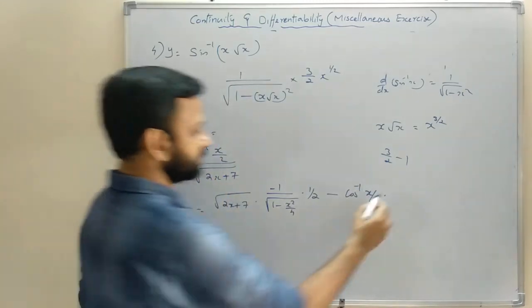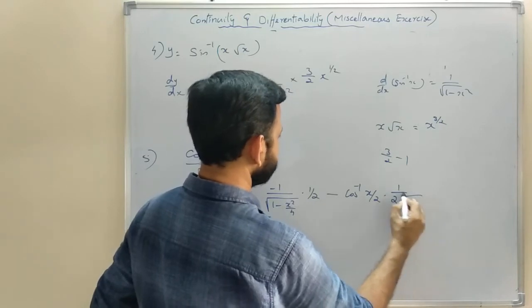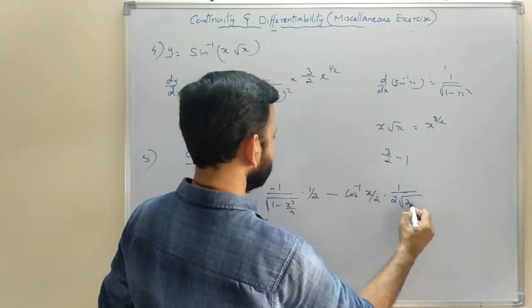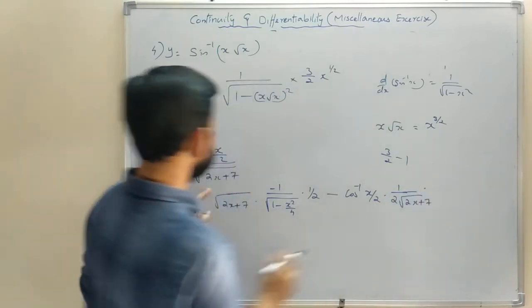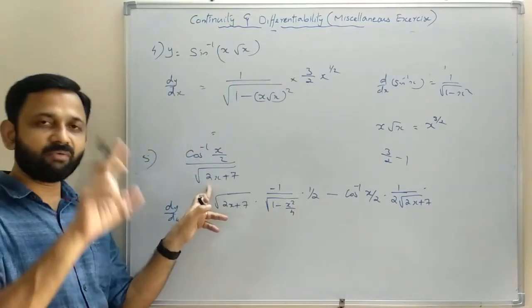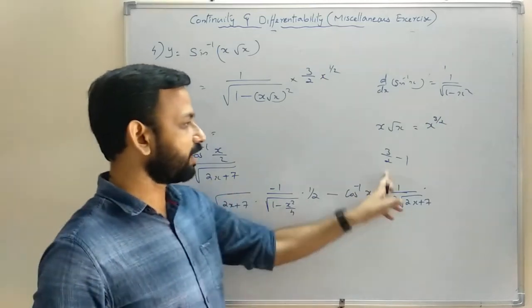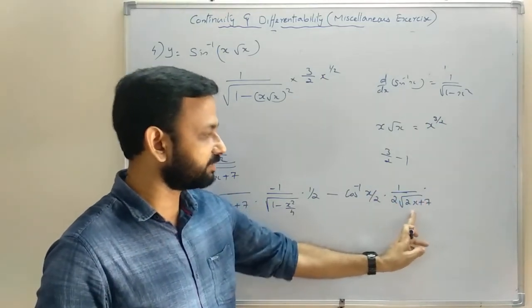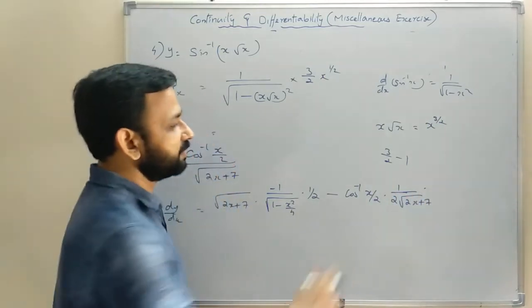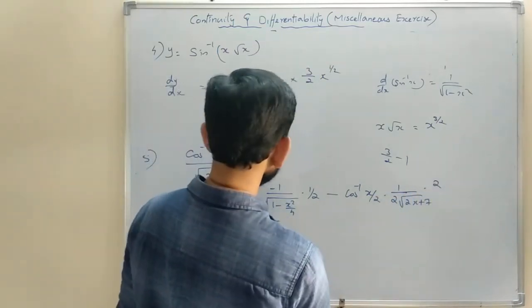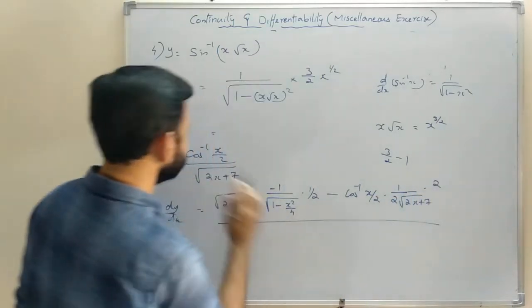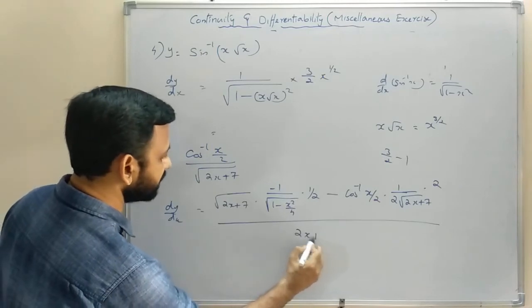The derivative of root x is 1 by 2 root x, so here 1 by 2 root 2x plus 7 into the derivative of 2x plus 7, that is 2, divided by the square of the denominator, that is 2x plus 7.